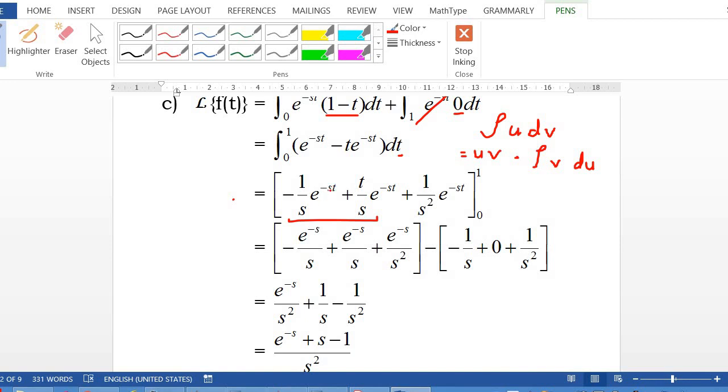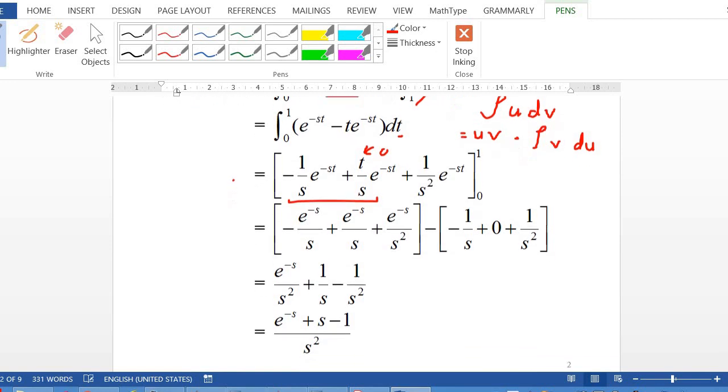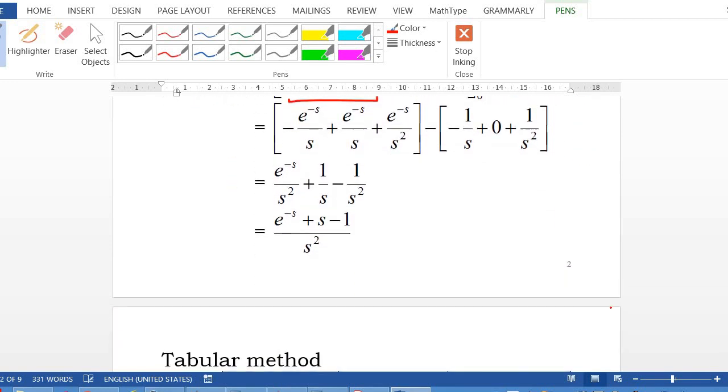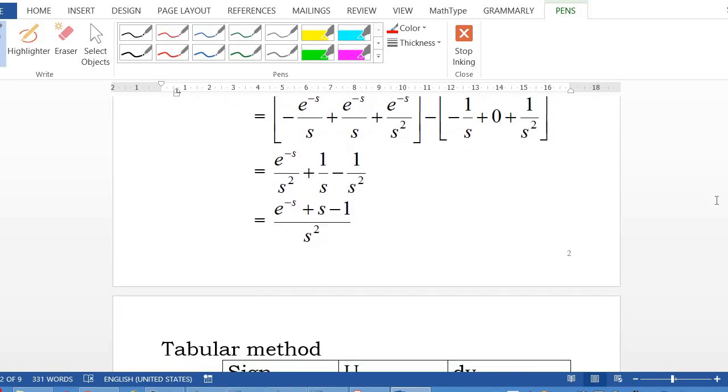When t is 0, e to the 0 is 1, so you have negative 1 over s; the second term becomes 0; and the last term gives plus 1 over s squared. Remember, this is the upper limit minus the lower limit. Simplify it, and you get the result.